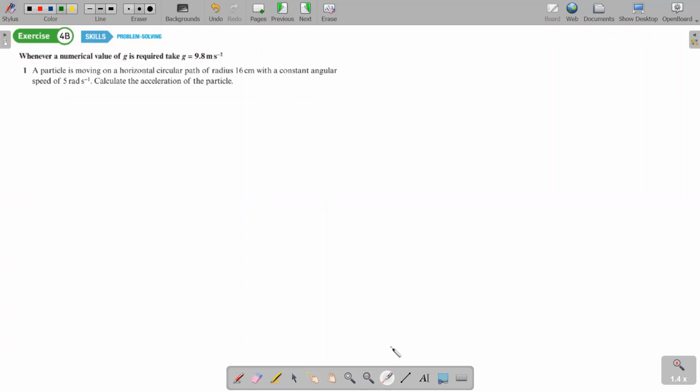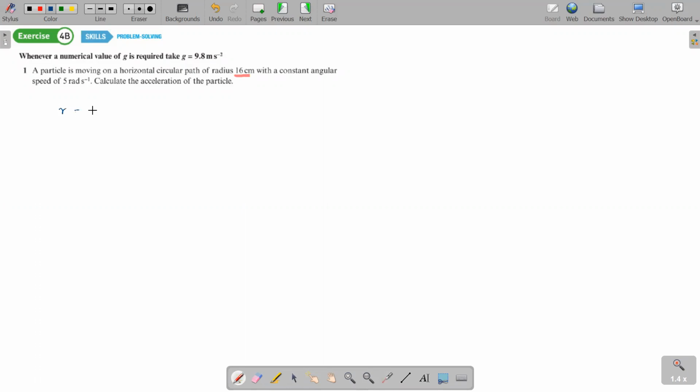Okay, we'll move on to exercise 4b, question number 1. They say whenever a numerical value of g is required, take g equal to 9.8 meter per second square. A particle is moving on a horizontal circular path of radius 16 centimeters, and just be cautious, it's 16 centimeters, with a constant angular speed of 5 radians per second.